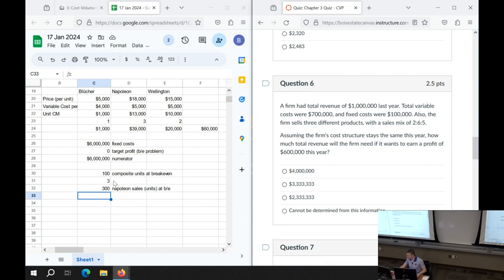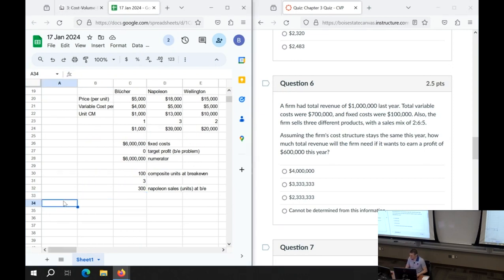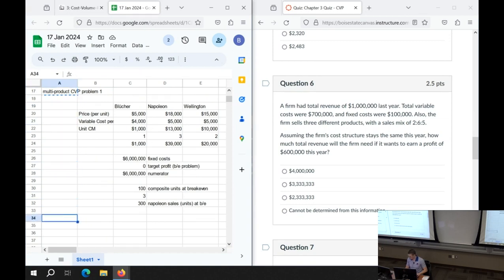So if we're trying to follow my procedure here for question 6, we're going to label this CM ratio problem. We're going to have some trouble because I have a sales mix, but I don't have individual information about each of these 3 products.